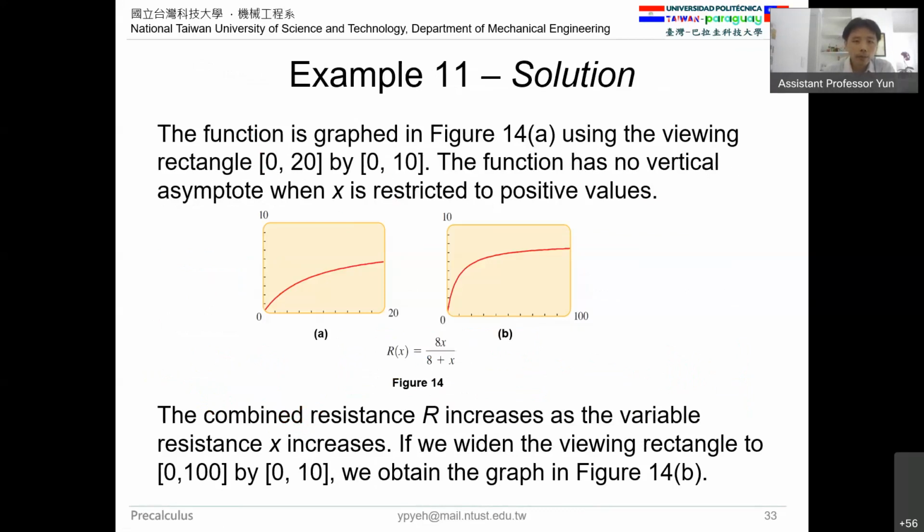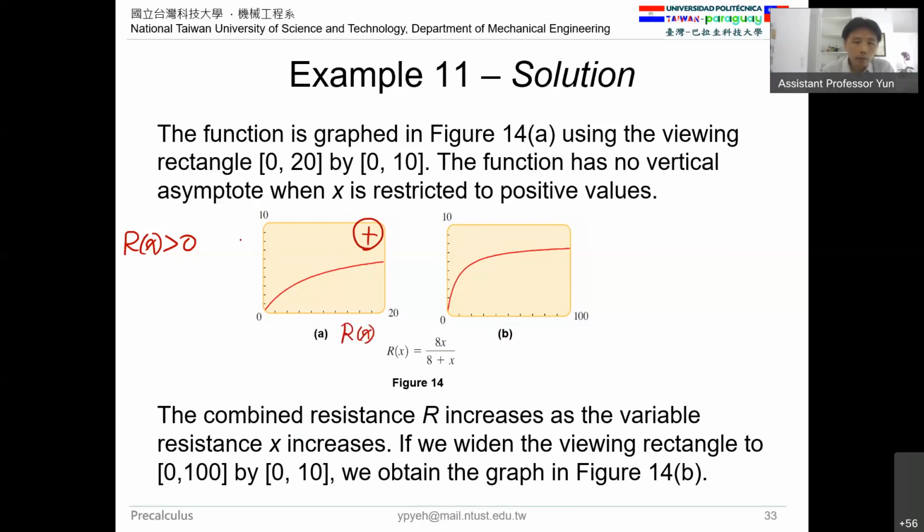For example, in the beginning you can sketch out this function, since R of x is larger than 0, so it only exists in the positive part. But if you enlarge it, you can see the trend of the resistance, which is R of x.